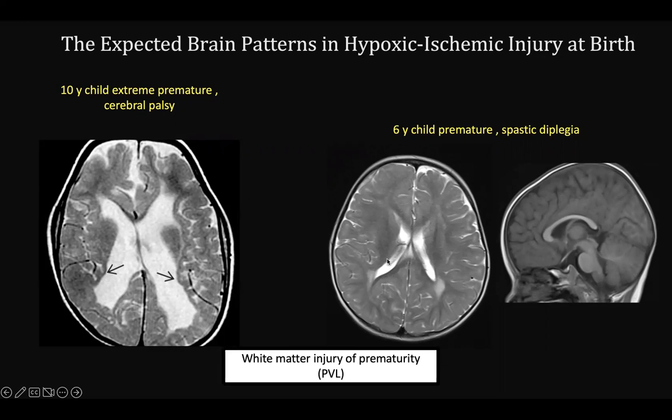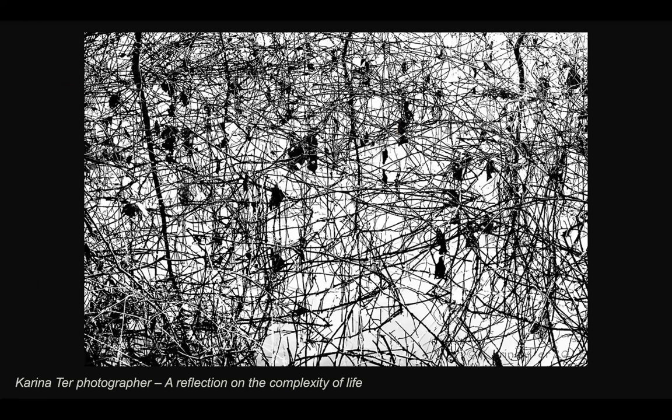This is very abnormal because it's associated with squaring of the ventricles and reduction of the size of the posterior corpus callosum. Don't call this perivascular space or terminal zone of myelination, because this is, especially in the context of spastic diplegia, a form of PVL. And this PVL is typical of preterm neonates who suffer HI.